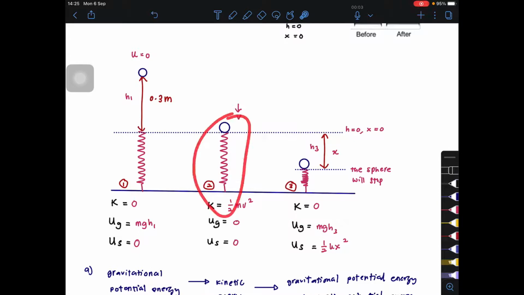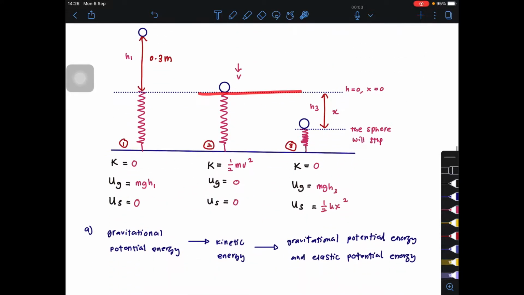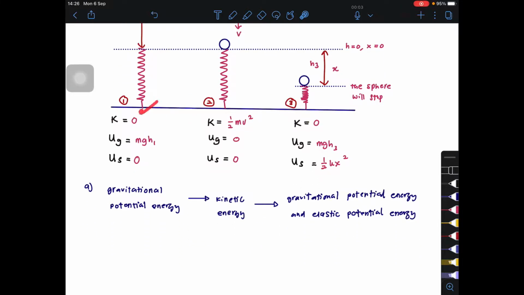So, at this point here, we want to know what is the velocity just before it strikes the spring. So, ngam-ngam dia dekat atas permukaan spring. So, we want to find this value for V here. Okay, so we just need to select which one is initial, which one is final. So obviously ni adalah final, ni akan jadi initial. Okay, paling senang lah this one sebagai initial, this one sebagai final.